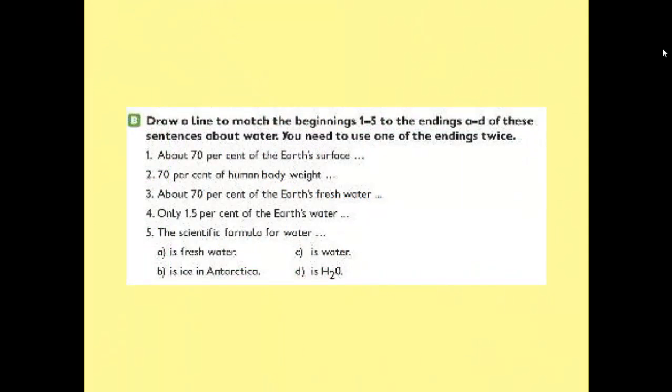Now let's do number B. Draw a line to match the beginning from 1 to 5 to the endings from A to D of these sentences about water. You need to use one of the endings twice. Number 1, about 70% of the Earth's surface, etc. 70% of human body weight.